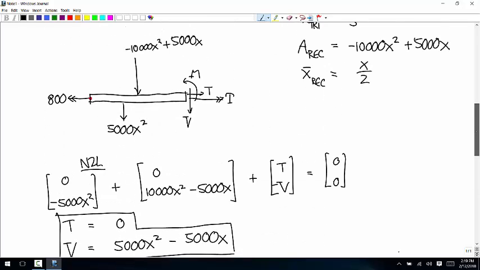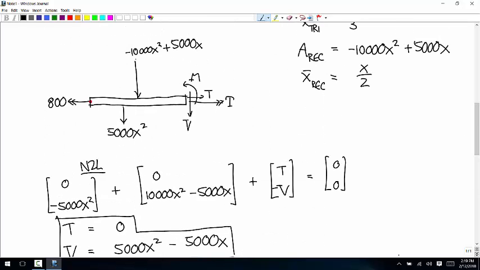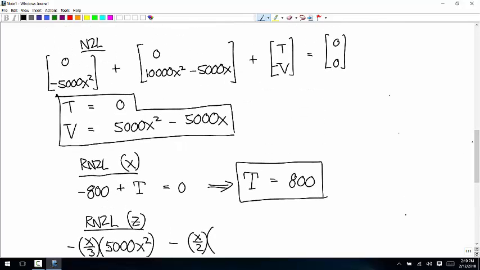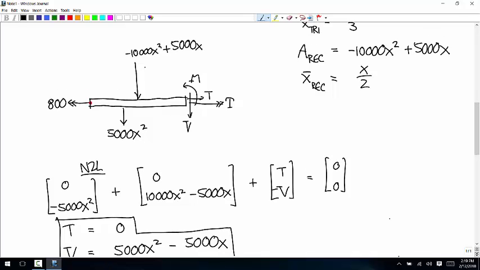And then what's the moment arm for this next downward force? Yeah, that's x over 2. That would also produce a clockwise moment. So that's minus x over 2 times that ugly expression, negative 10,000 x squared plus 5,000 x.